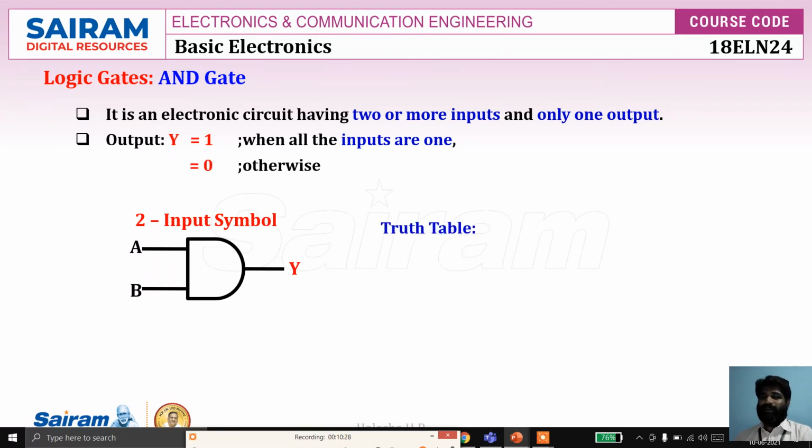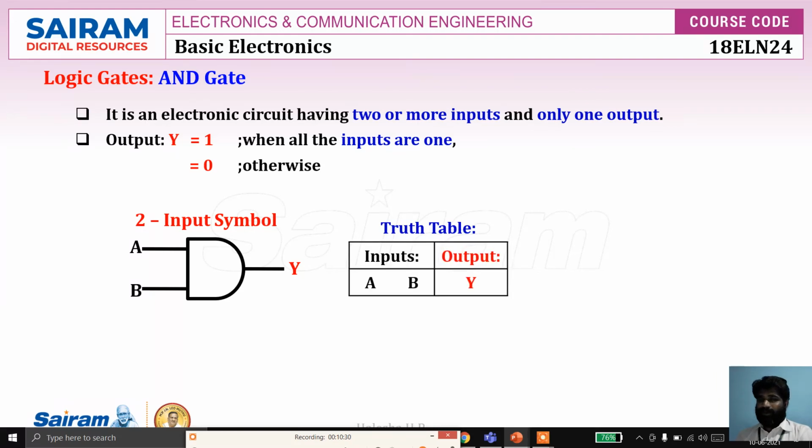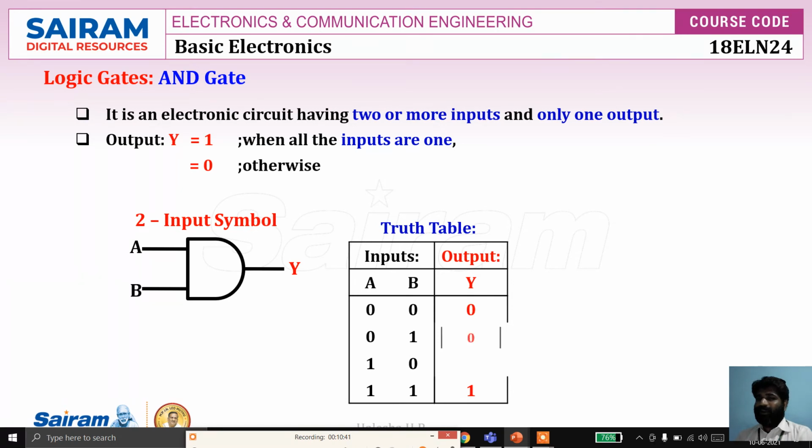So let's see the truth table. A and B are the inputs, Y is the output, and these are the possible combinations. In the last combination, both are 1, so the output is 1. In the remaining, at least one input is 0, so the output is 0. When all the inputs are 1, output is 1.